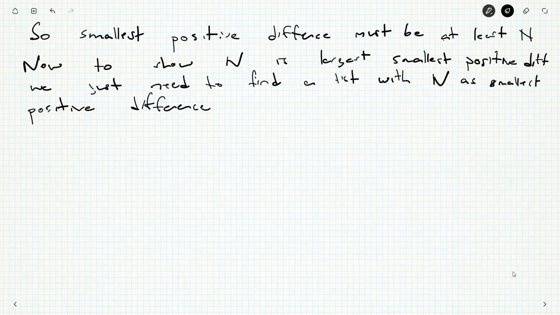Okay, and we can make one the exact same way we did before. So we start with our interesting number, a plus n, and then I'm going to reverse it so it's a little more obvious what's happening.